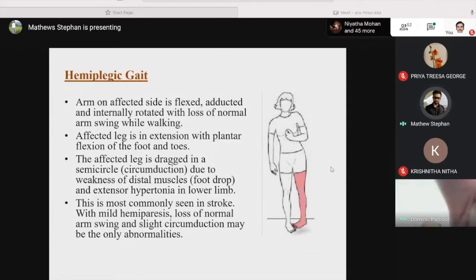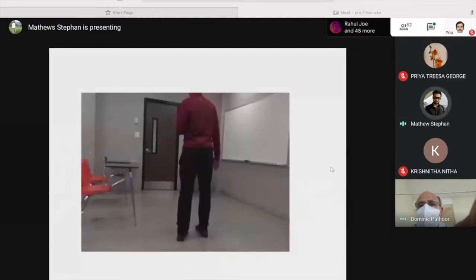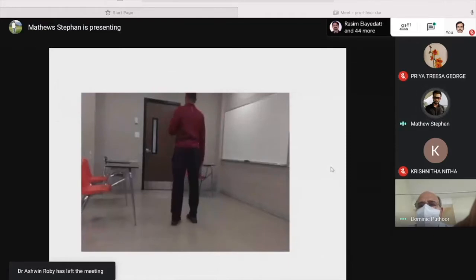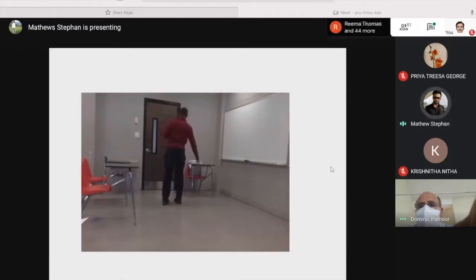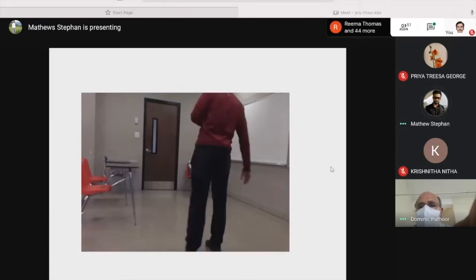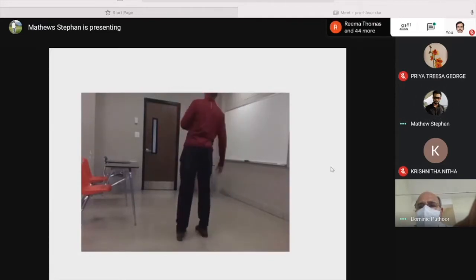So here in the image we can see on the patient's affected side the arm is flexed, adducted and internally rotated. Also the leg is in extension with plantar flexion of the foot and toes, and circumduction gait. So this is the hemiplegic gait, where the patient is walking with a circumduction gait and is flexing, internally rotating and adducting the upper limb on that side too.